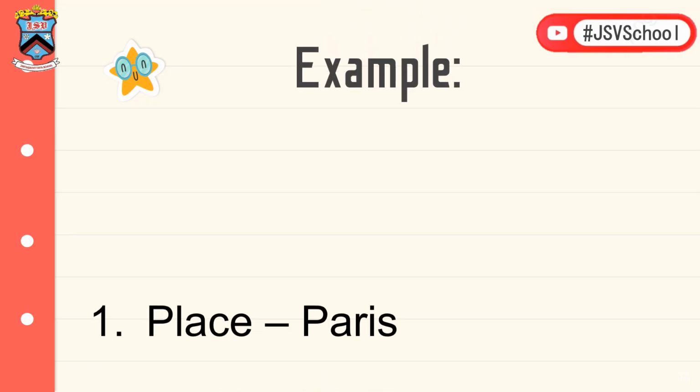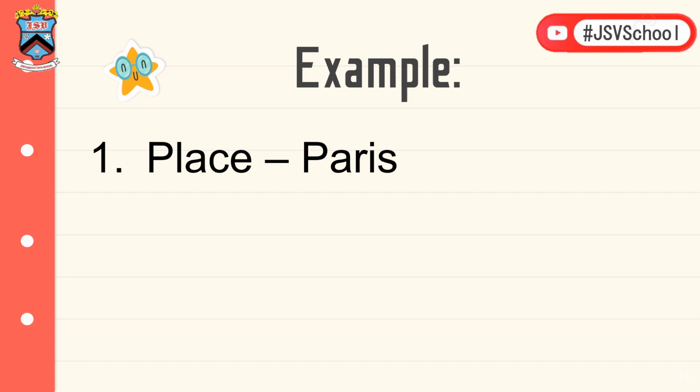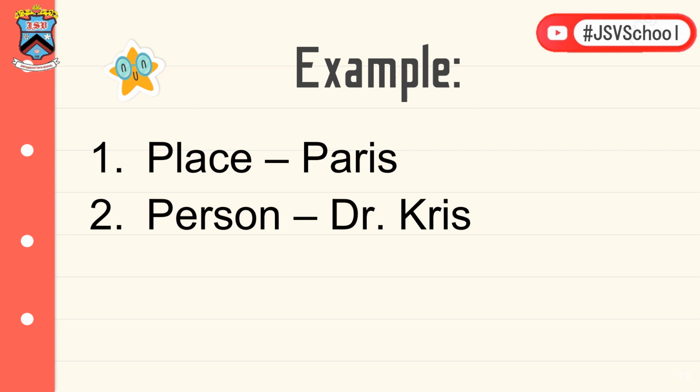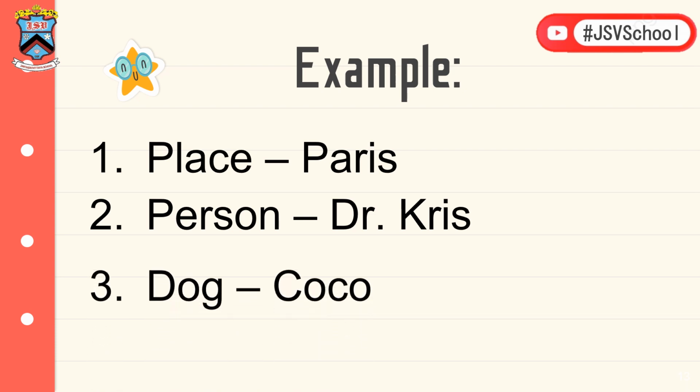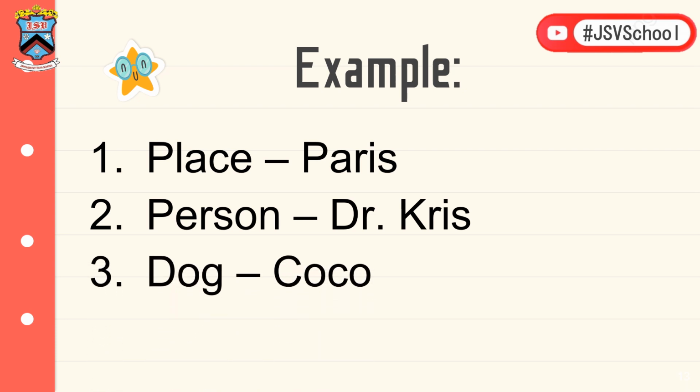For example, number 1, place. Example of a place is Paris. Number 2, person. An example of a person's name is Dr. Chris. Dr. Chris is a specific name of a doctor.